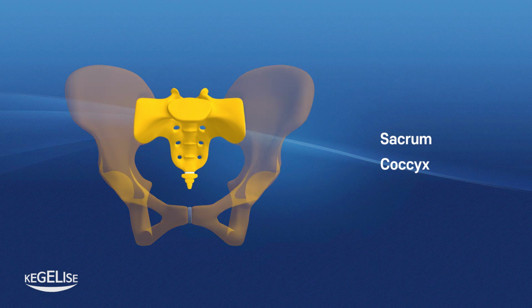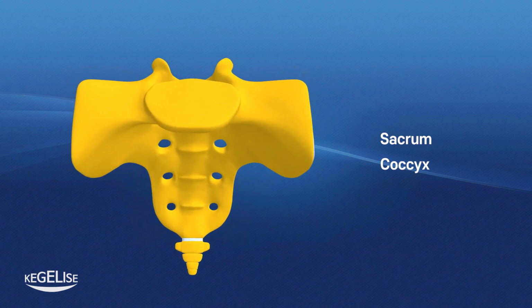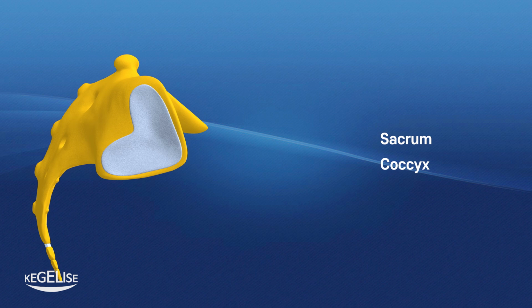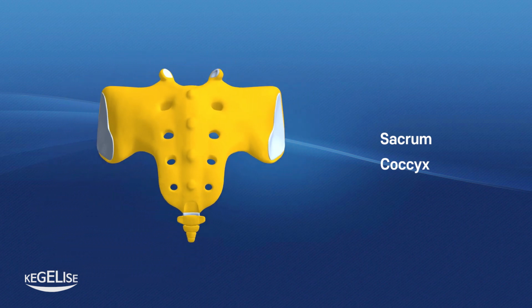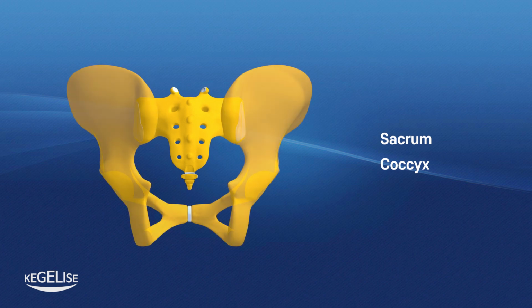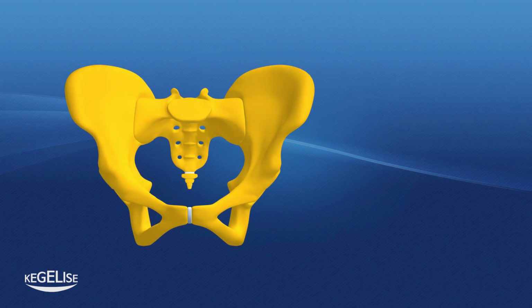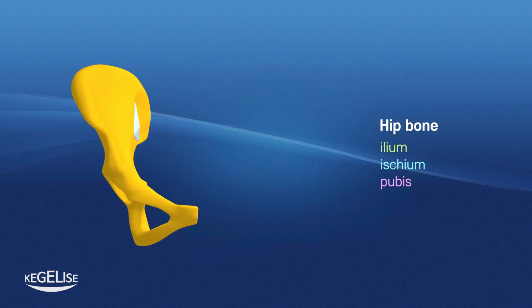You are viewing the sacrum and the coccyx. This is the right hip bone.